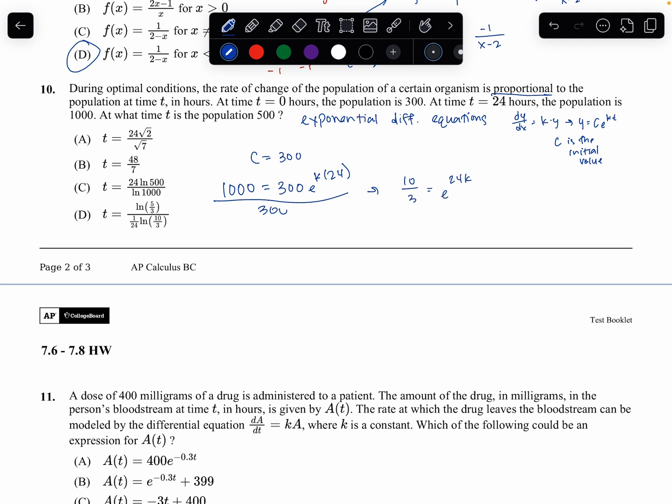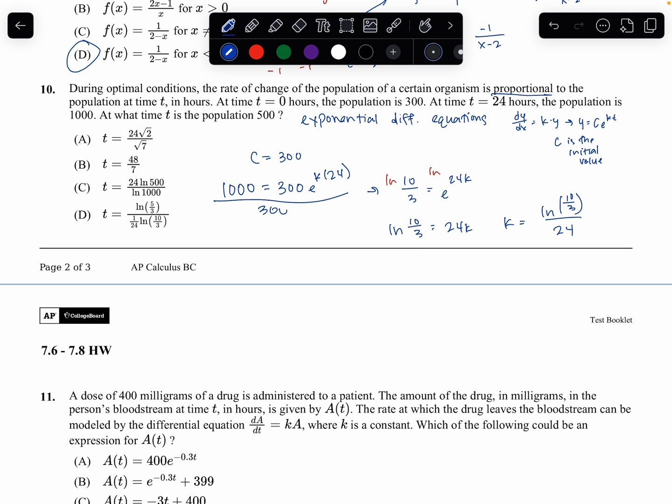Then we'll use the natural log on both sides, so I get the natural log of 10 thirds equal to 24k. Therefore k will be equal to the natural log of 10 over 3, divided by 24.